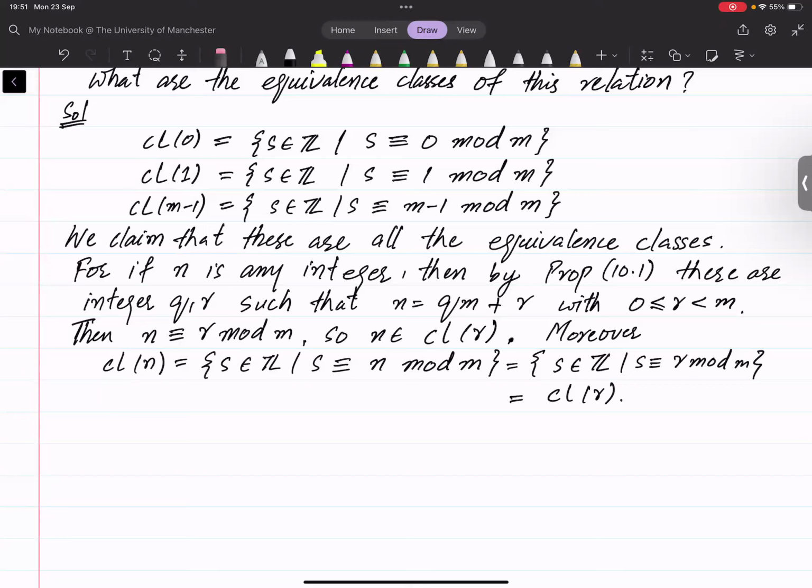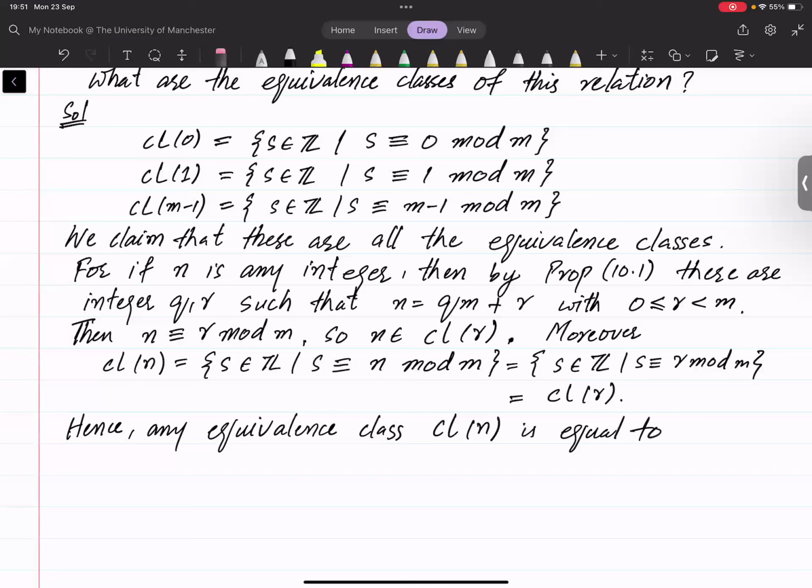Hence, any equivalence class CL of n is equal to one of those listed above.